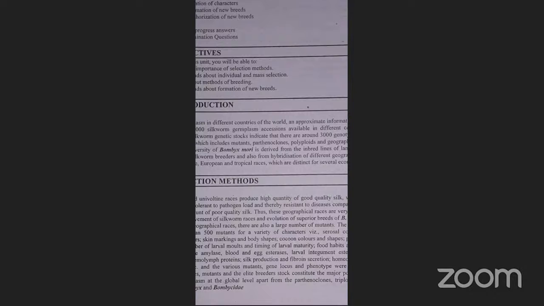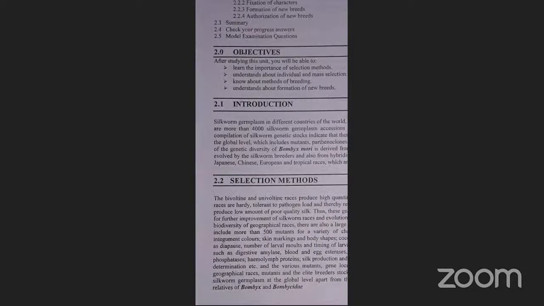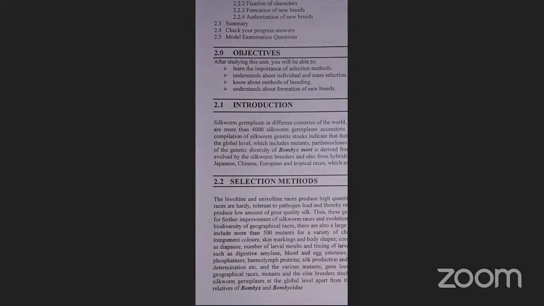For example, dimensional genotypes have formulas like 4 to 2 to 1, 1 to 1. So around 3,000 genotypes of Bombyx mori exist at the global level, across Asia, China, Japan, and India.